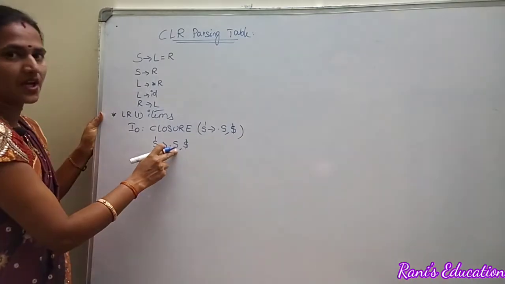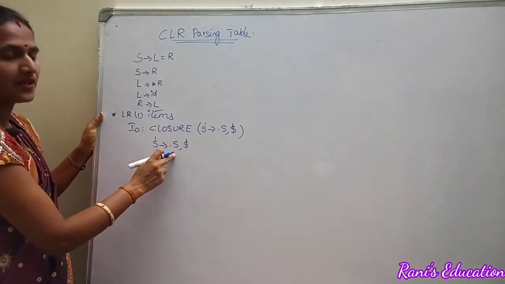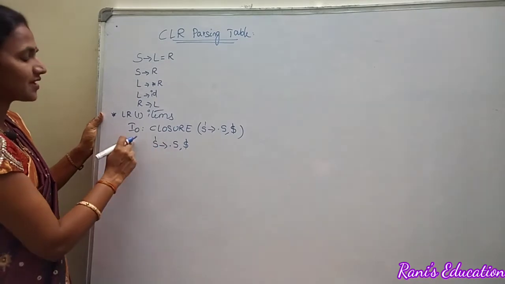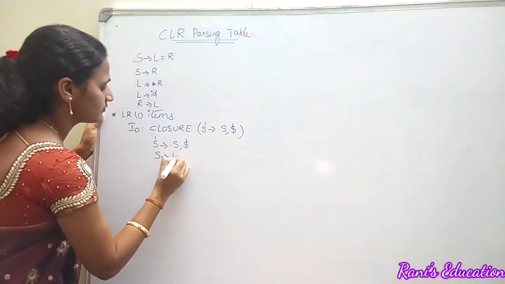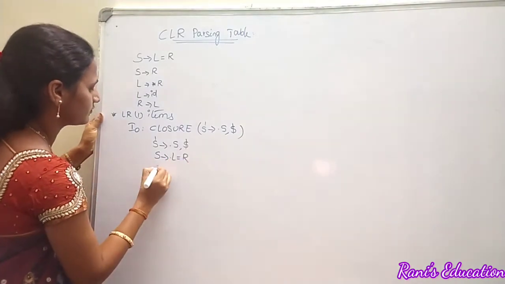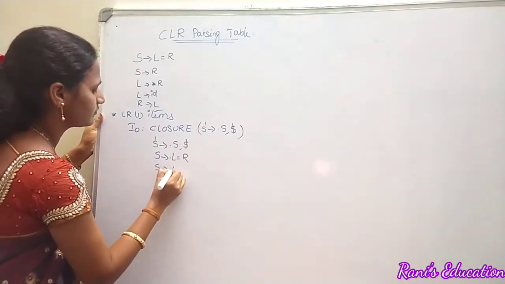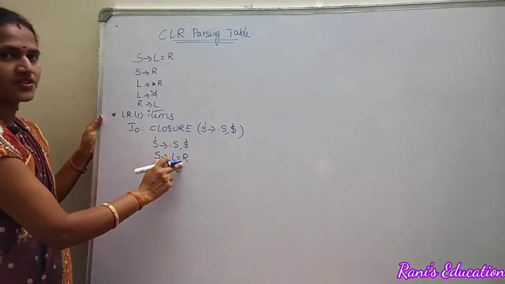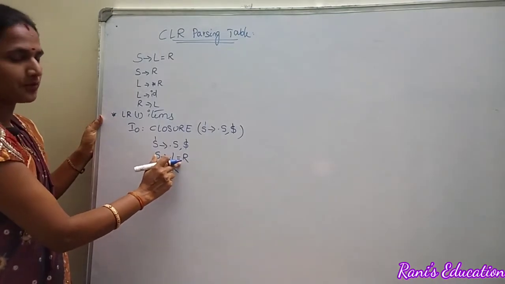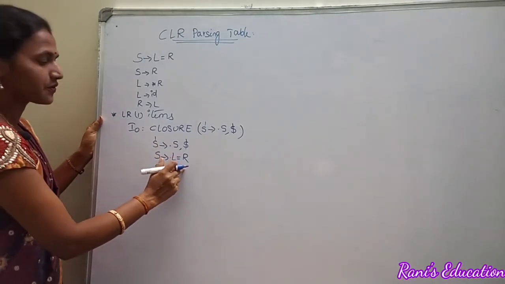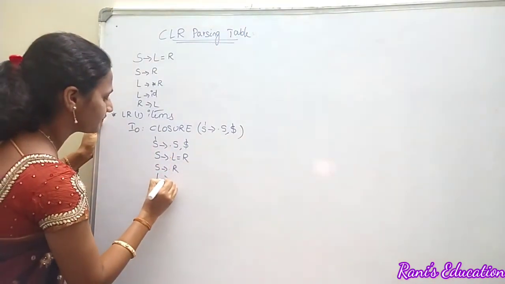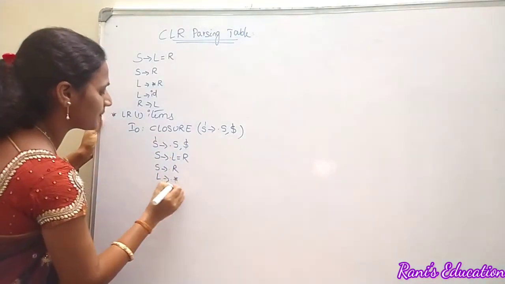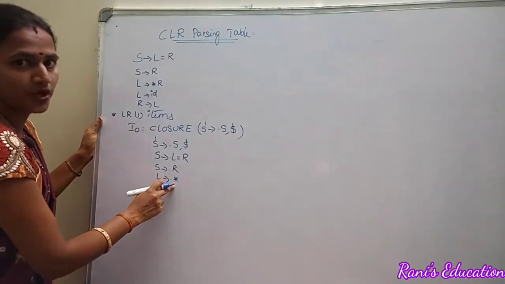After that we have a non-terminal, so we are supposed to write its corresponding productions in the I0 item. In the second production, after dot we have a non-terminal L, so we are supposed to write its corresponding productions in I0 by placing the dot operator at the start of the body of the production.